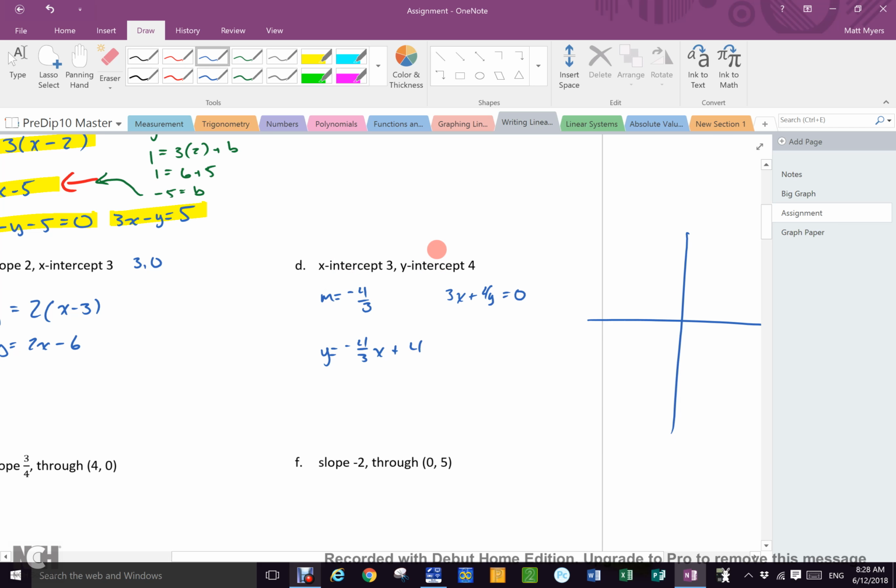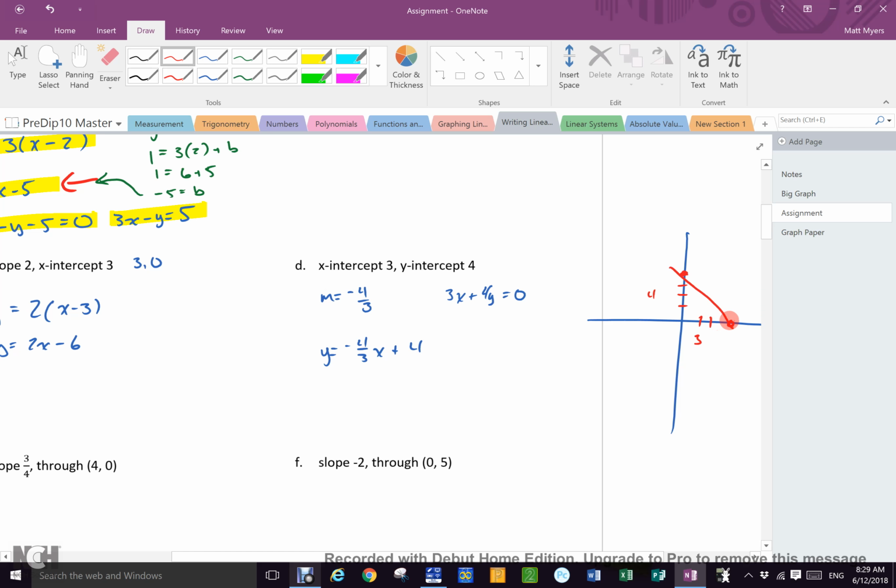According to the question, our x-intercept is 3, right? 1, 2, 3. And our y-intercept is 1, 2, 3, 4, correct? So you have to be aware that the slope is negative 4/3 because it's rise over run, right? You with me? Yeah, that makes sense. So this point is 3, 0, yes?